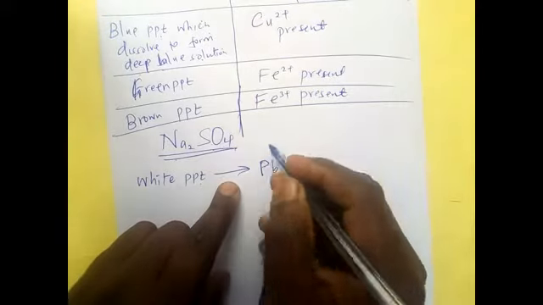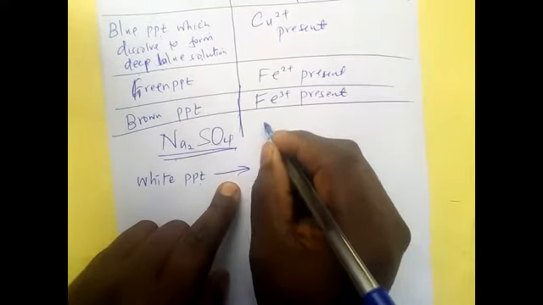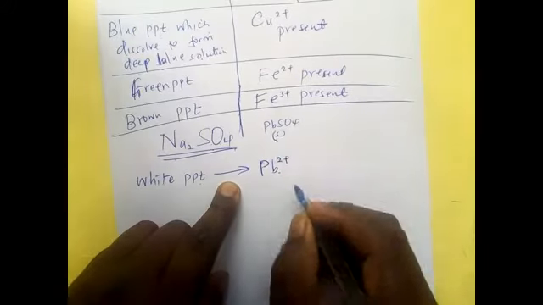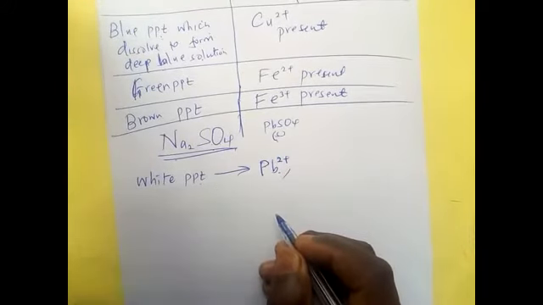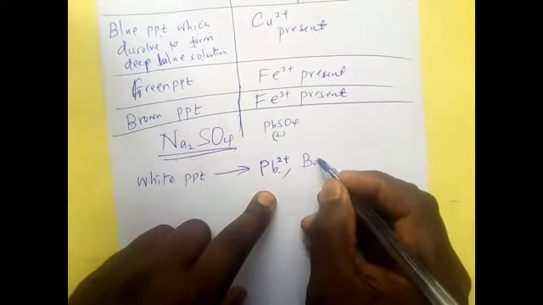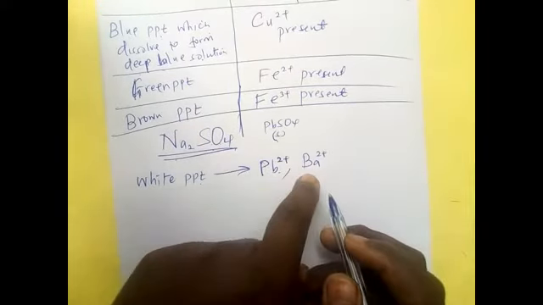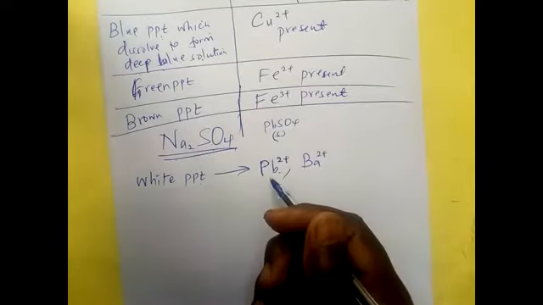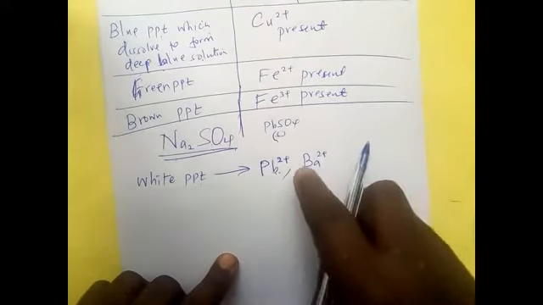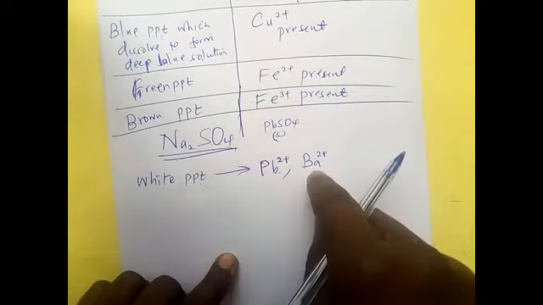So this sulfate combines with lead to form lead sulfate, which is a solid. Another ion which could be there that combines with the sulfate is barium, because barium sulfate is insoluble, a white precipitate.